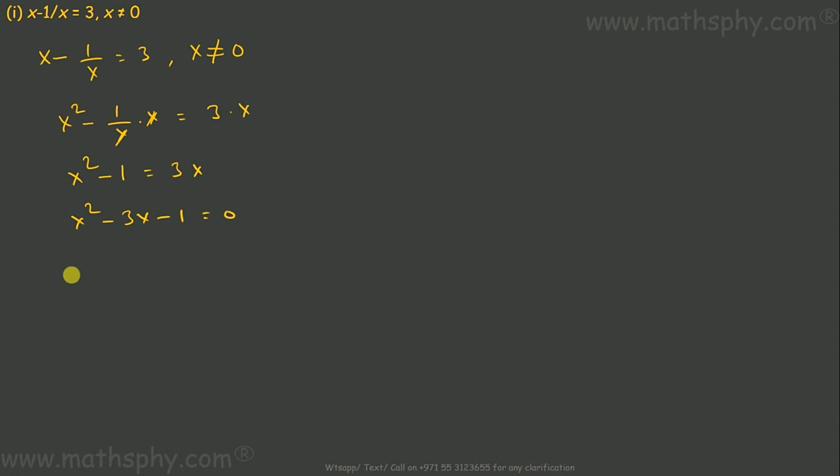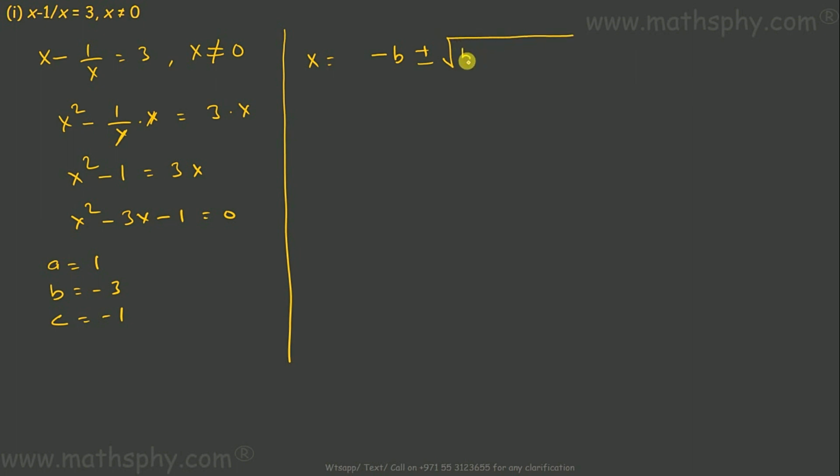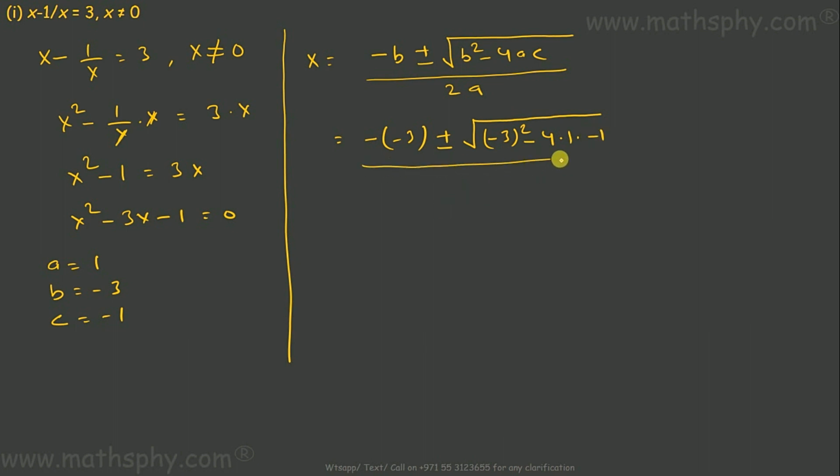Okay. Now, a is 1, b is negative 3, and c is negative 1. So x would be minus b plus minus root b squared minus 4ac over 2a. Minus b is negative 3, so negative 3 plus minus root b squared minus 4 into a, which is 1, into c, which is negative 1, over 2a, which means 2 into 1, which is 2.